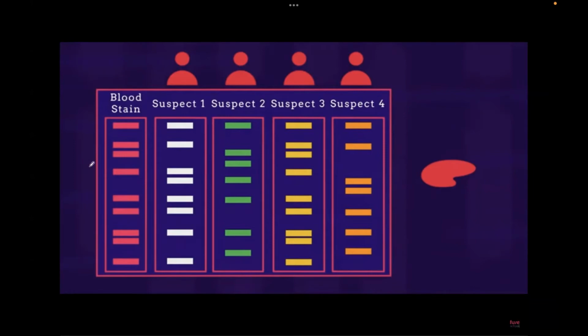I will give you a minute to think. Sino ba yung pinaka-close yung banding pattern niya and then match doon sa blood stain? Okay, tama po. Si suspect number 3. Si suspect number 3, o diba? Halos same sila ng pattern nung pinaka parang control or yung blood stain coming from the real suspect. So, si suspect number 3.